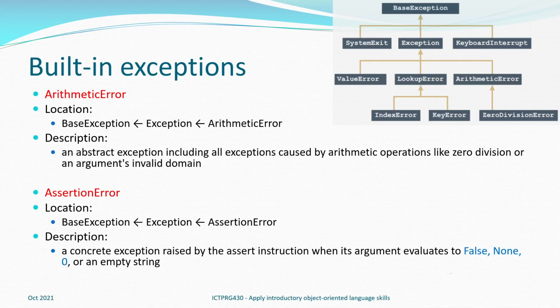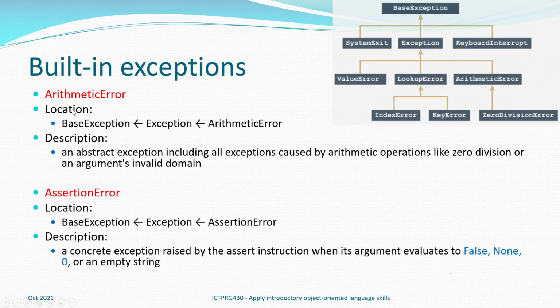There's 63 built-in error codes. We're going to go through some of them, not all of them. We'd be here for a very long time if we did that. But we'll run through a few to give you an idea of where they sit.